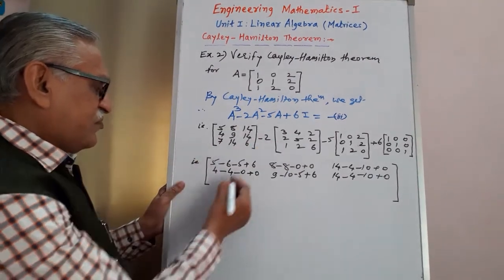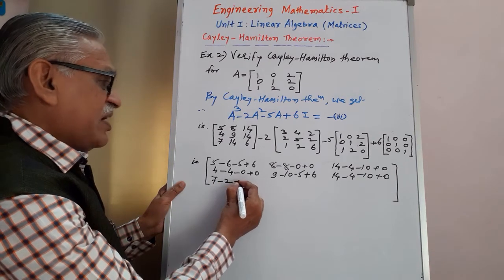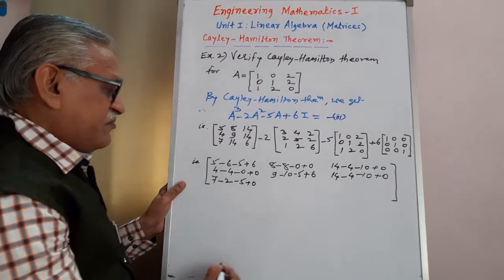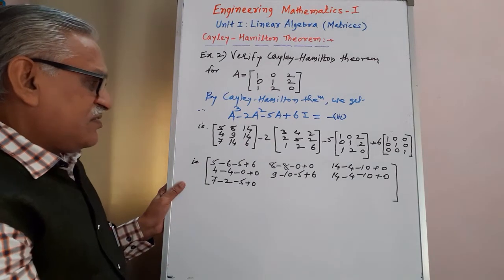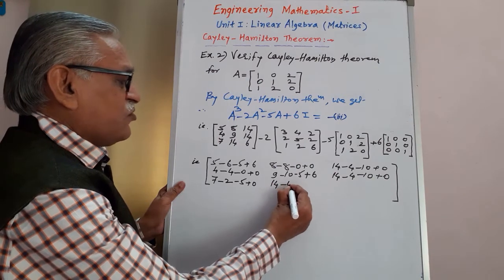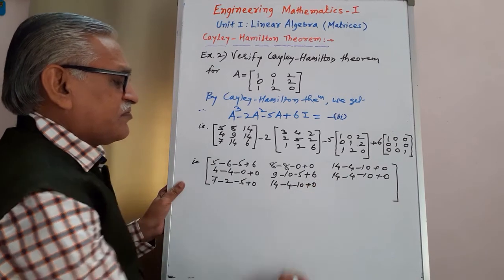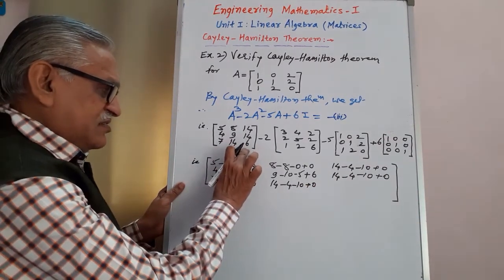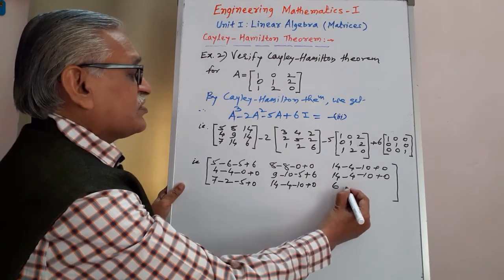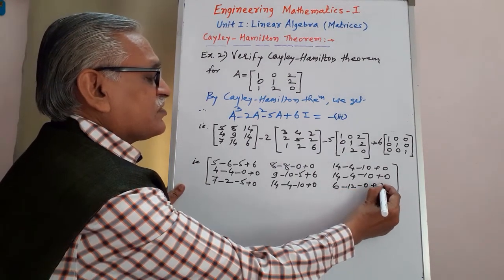Then for the third row, 7 minus 2 minus 5 and 0. Then second element from the third row, 14 minus 4 minus 10 and 0. Then third row, last element of all, 6 minus 12 minus 0 and plus 6.